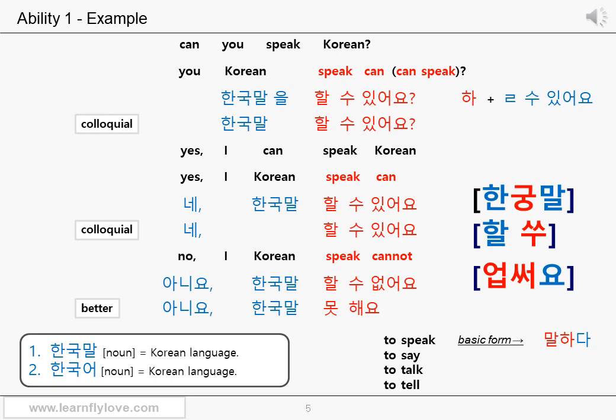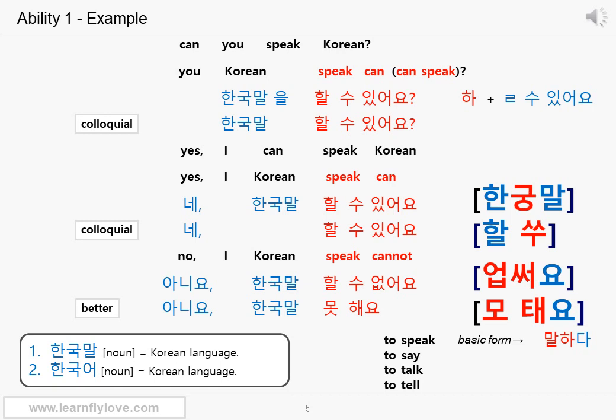No, 아니요, Korean, 한국말, cannot, 못, speak, 해요. 아니요, 한국말 못해요. If you pronounce it more naturally, 아니요, 한국말 모태요. The 못해요 part is actually pronounced 모태요, with the ㅌ sound.